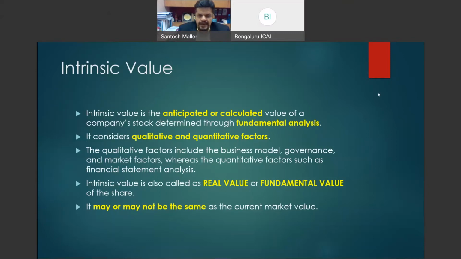So if one has to do a valuation of a property like Mannat, where Mr. Shah Rukh Khan resides, or one of the bungalows where Mr. Amitabh Bachchan resides in Juhu, then apart from the area and the going rate in that area, there will be other factors. There will be an additional qualitative factor, like the person who was residing there was a big superstar and it's a known address.